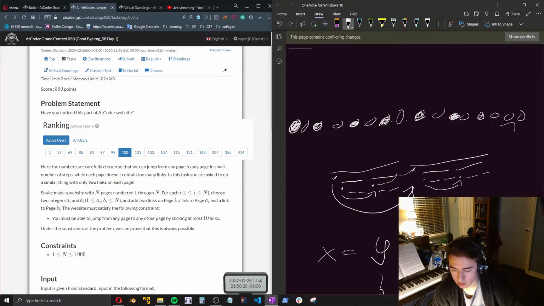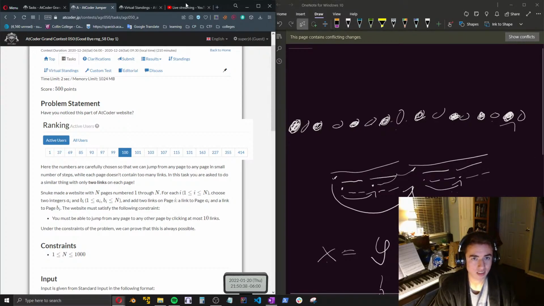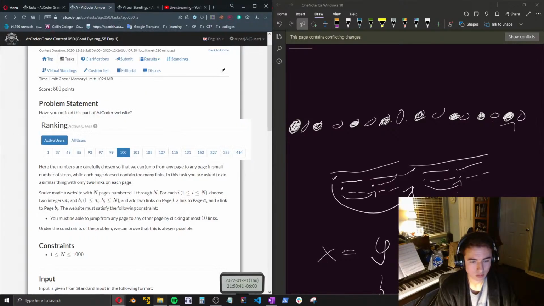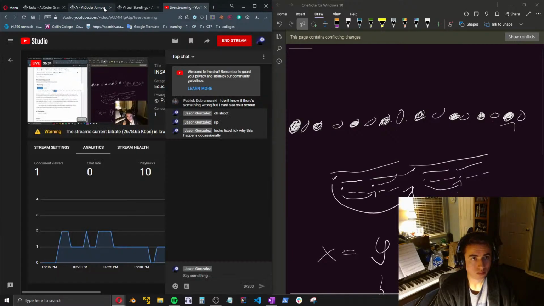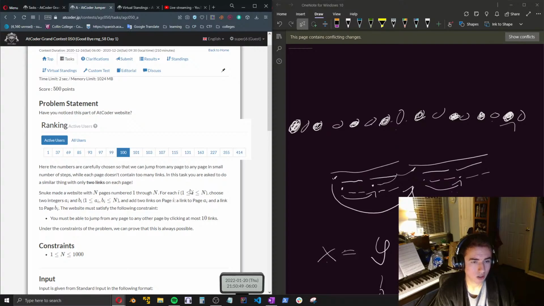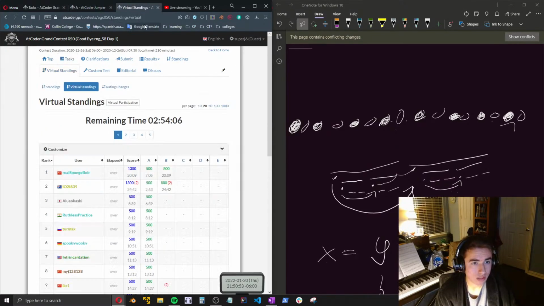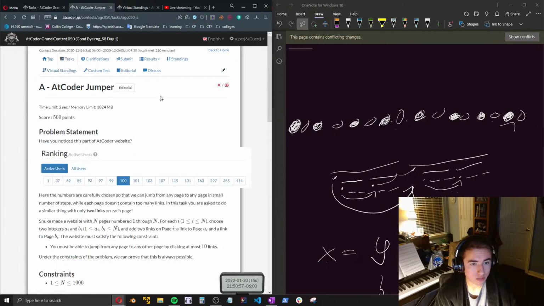So what if we marked nodes alternating? How long would it take to get there?